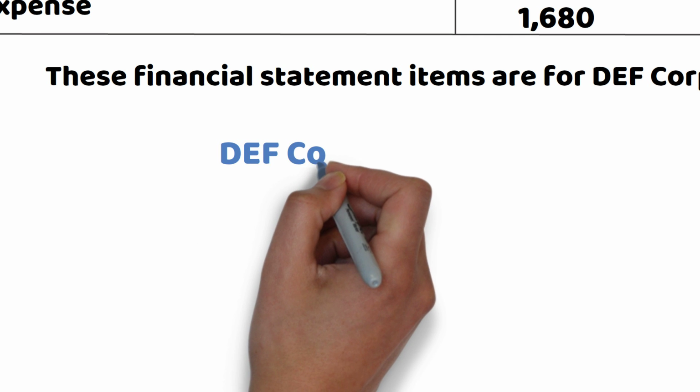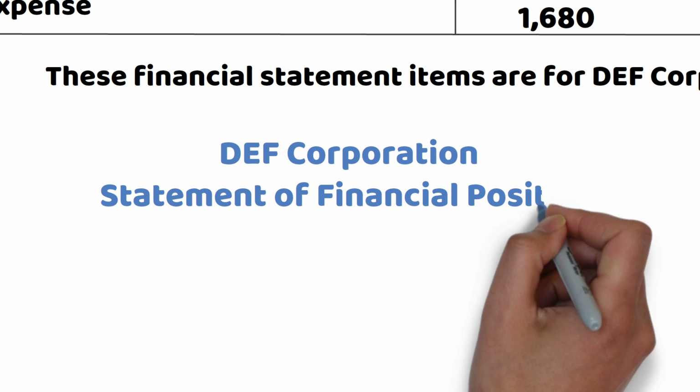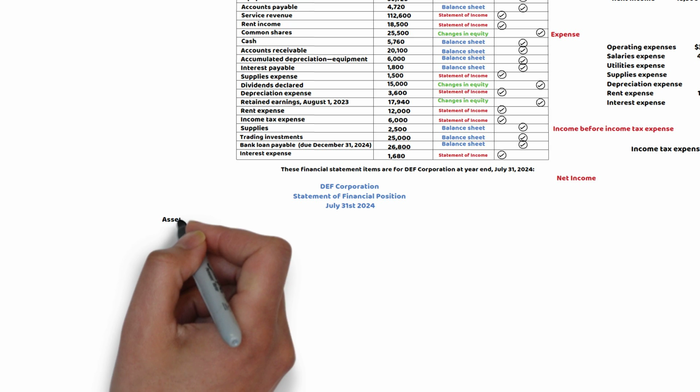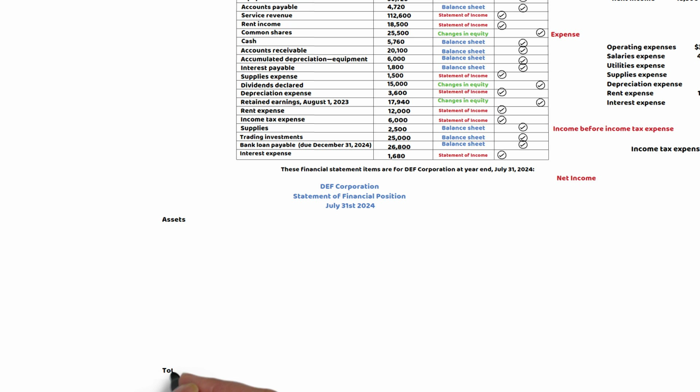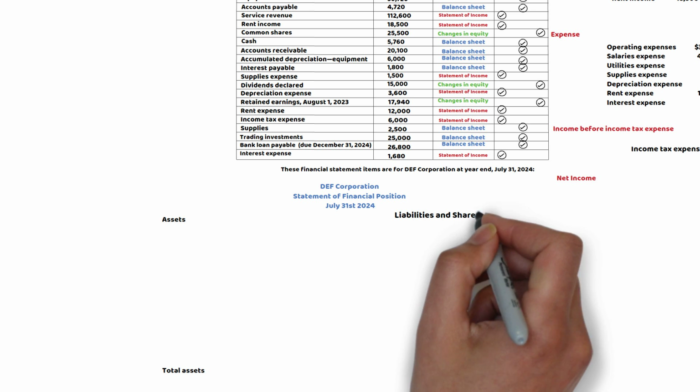I'm checking this off. So, name of the company, statement of financial position, that's the title, and this time the date is July 31st, 2024. You have assets, total assets. You have the section of liabilities and shareholders' equity.